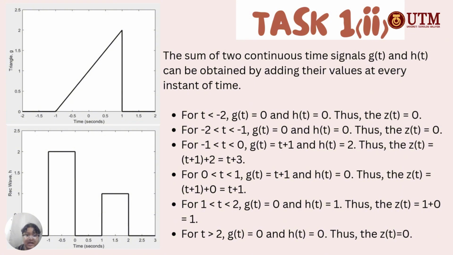Same goes for the other t values. From 0 to 1, g(t) is t plus 1 and h(t) equals 0, thus z(t) is t plus 1.